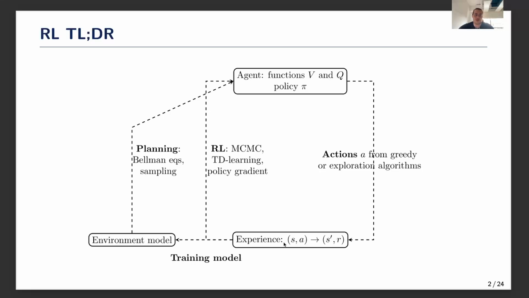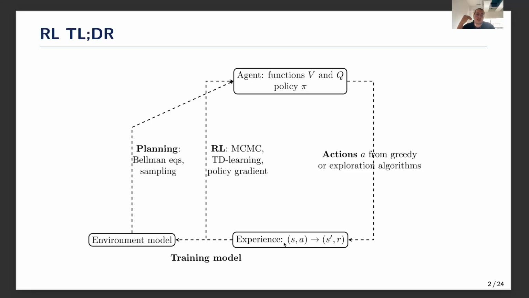The agent uses these transitions to update its knowledge using methods such as TD learning, like Q-learning or SARSA, Monte Carlo estimation, and policy gradient algorithms like REINFORCE, PPO, and so on, and many actor-critic models. This approach is more robust to modeling errors, but often requires more interactions.